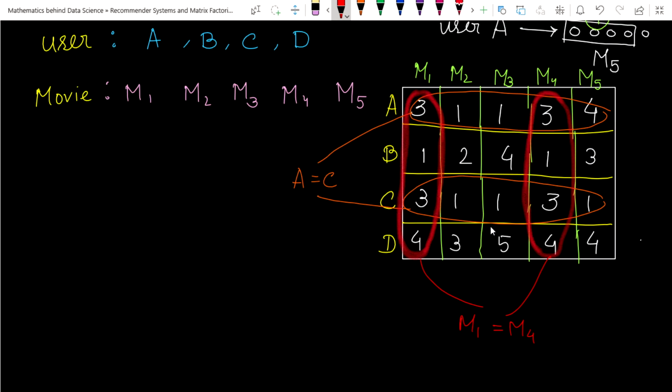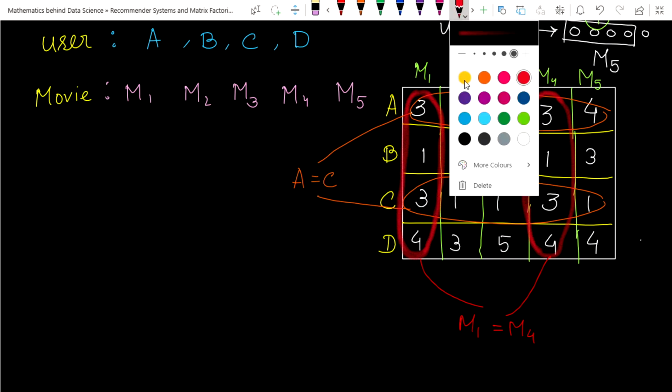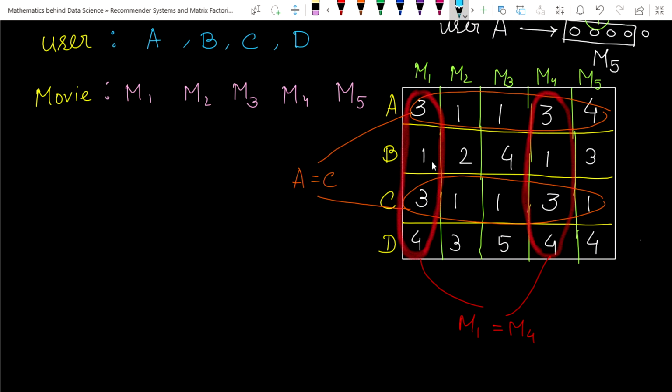Okay, now let's look at it differently. Now look at these three rows first, the B row, the C row, and this row.